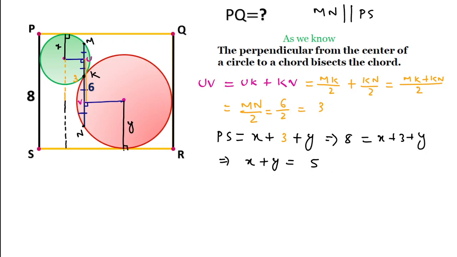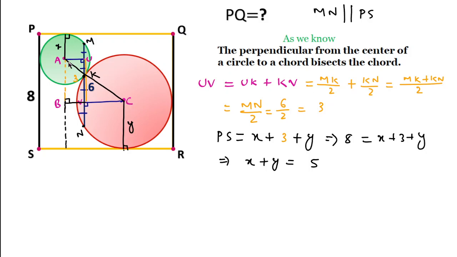Now, if we extend this blue line in this way, then this will also be perpendicular. And if we connect here the center of this green circle to the center of this red circle in this way, then this is forming a right angle triangle. Let's suppose this is A and this is B and this is C. Then what will be the length of AC?